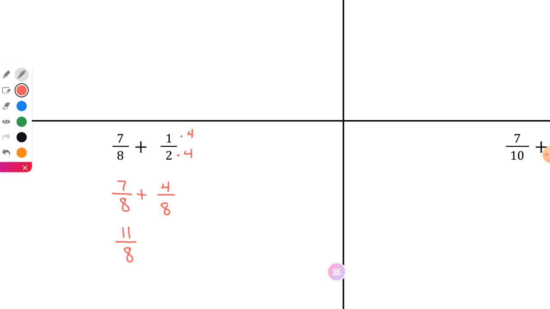Whatever your two denominators are, you could always multiply them together, because if you multiply them together, they both go into that number. So if you're trying to find a common denominator, and one doesn't just jump out at you, you can always multiply the two numbers together. That will always work. Now, when we get 11/8, what should I ask myself, Augie?